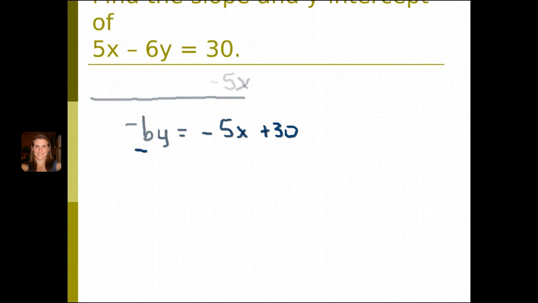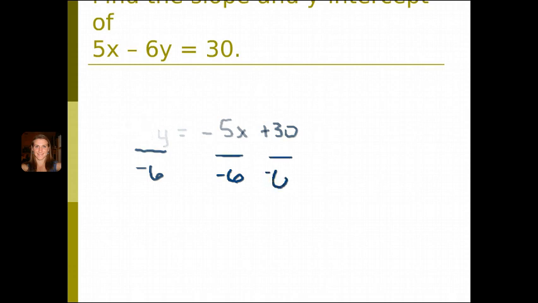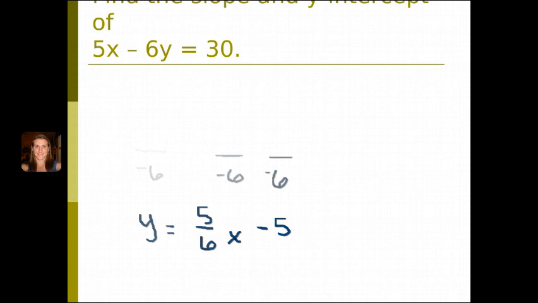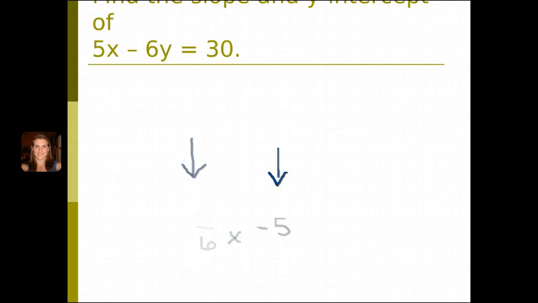Divide everything by negative 6, and you're left with y equals 5/6 x minus 5. Now that the problem is in slope-intercept form, we recognize that 5/6 is our slope and our y-intercept is negative 5.